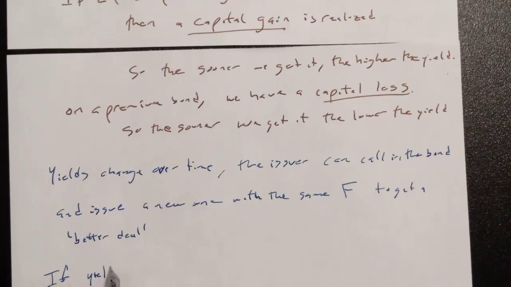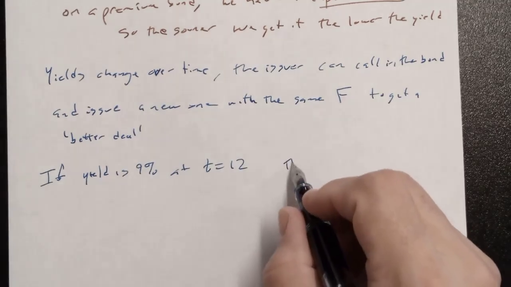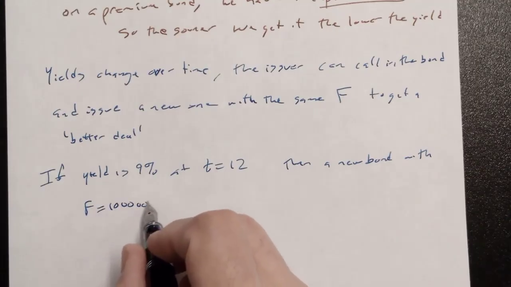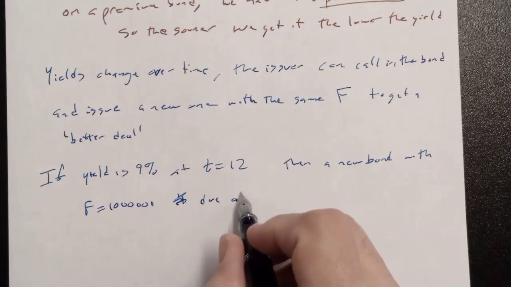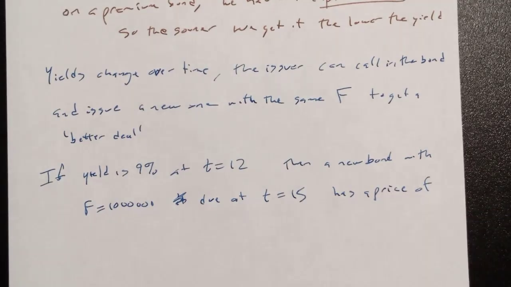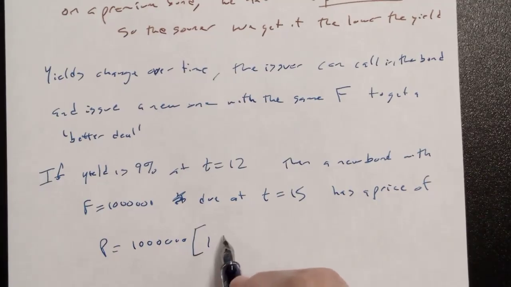If yield is 9% at time 12, then a new bond due at time 15 has a price of P equals 1,000,000, plus, all right, wait a minute.